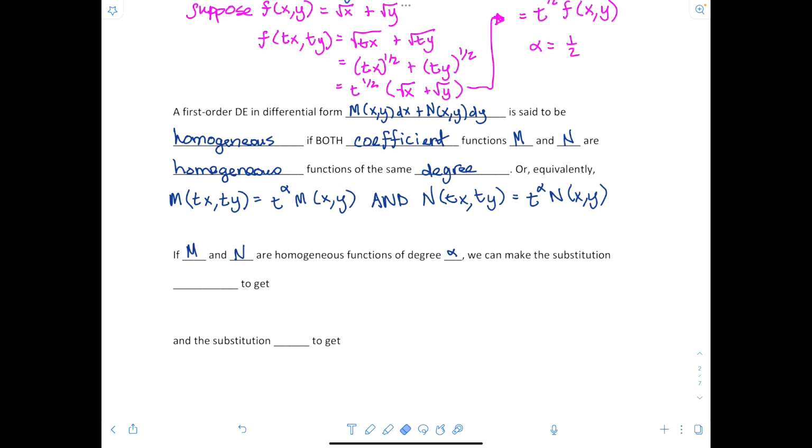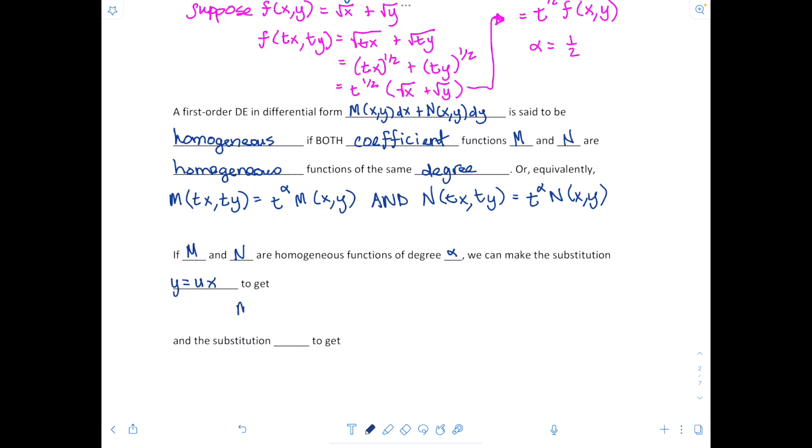If you have to memorize something, memorize the substitution that you're going to do. So basically, you would start by saying y is equal to u times x.